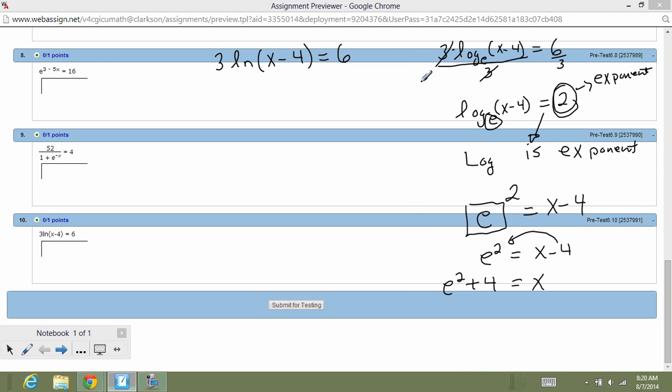Right. Now, the way that ends up looking in terms of our syntax here is the way you're going to see that written in most textbooks. And then their next line is going to say x minus 4 equals e squared.